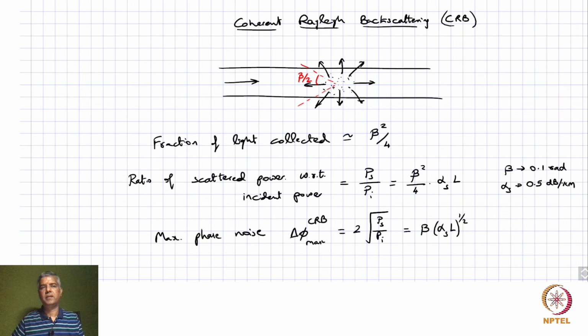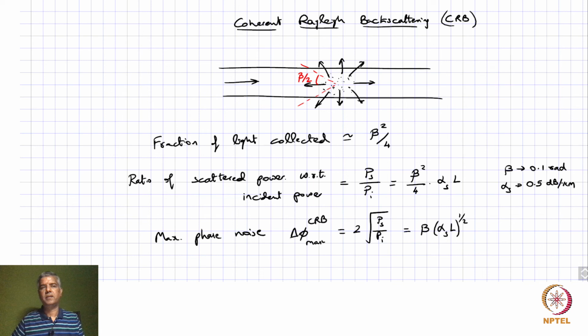To get it in meters, you divide this by 10 power 3, so you have 0.5 into 10 power minus 3, and then convert it to Nepers by dividing by 4.3.